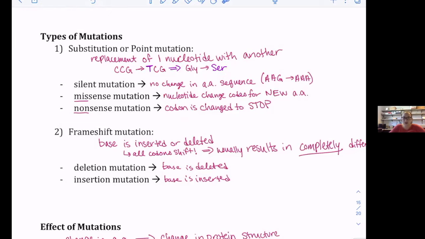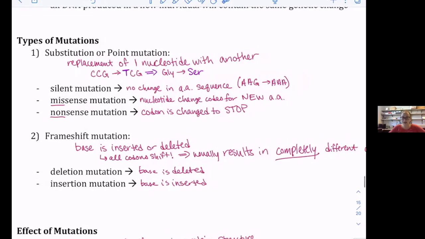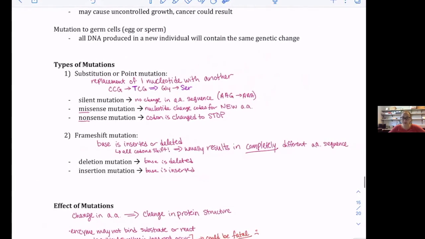So those are single, one-nucleotide changes. There's also something called a frame shift mutation. A base, or nucleotide, is inserted or deleted, so everything shifts one extra or one away. This usually results in a completely different amino acid sequence.